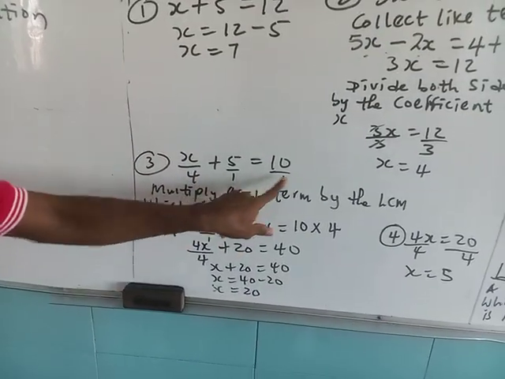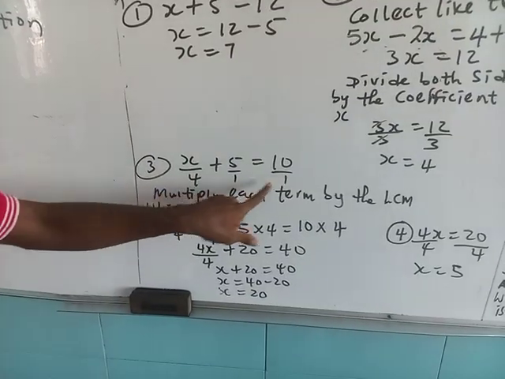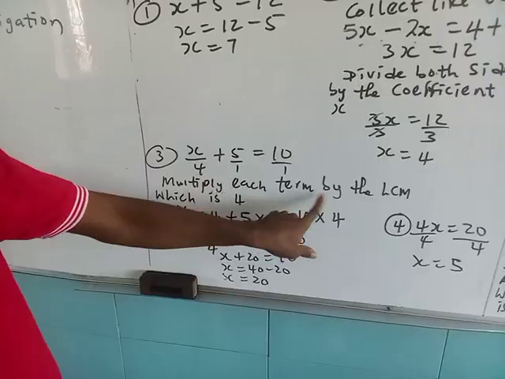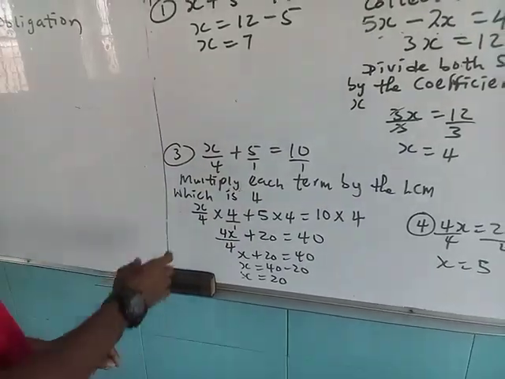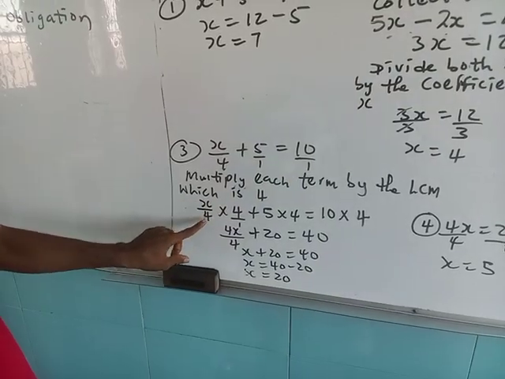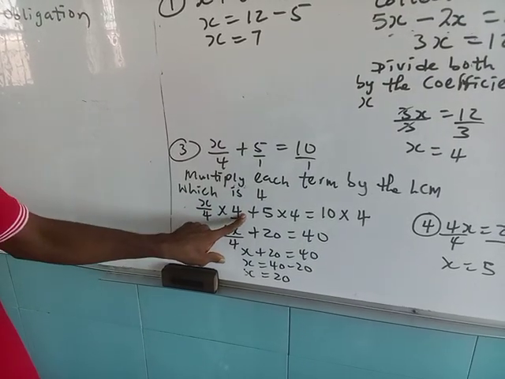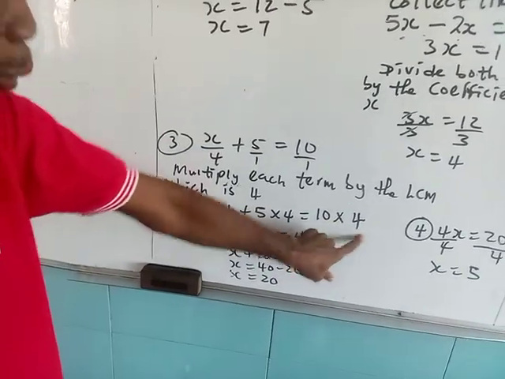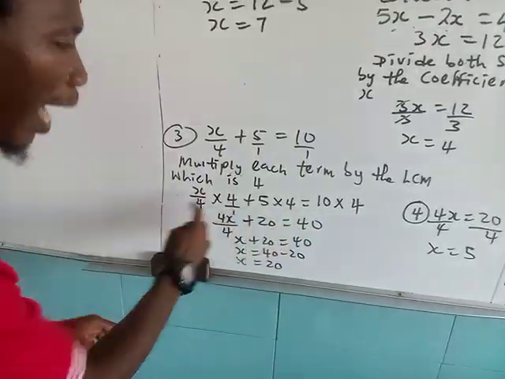The LCM of 4, 1, and 1 is 4. So multiply each term by the LCM, which is 4. So x over 4 times 4 plus 5 times 4 equals 10 times 4.